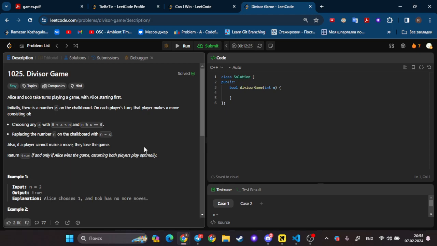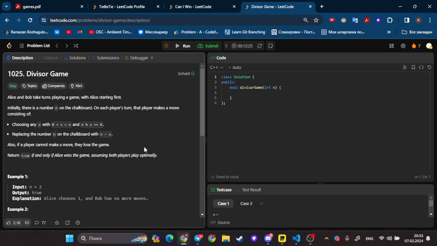If n modulus 2 is equal to 0, then you return winner. And if not, then the other loses. Can we do it or not?